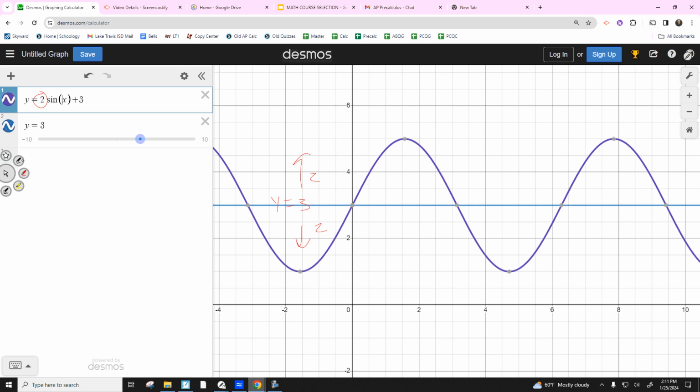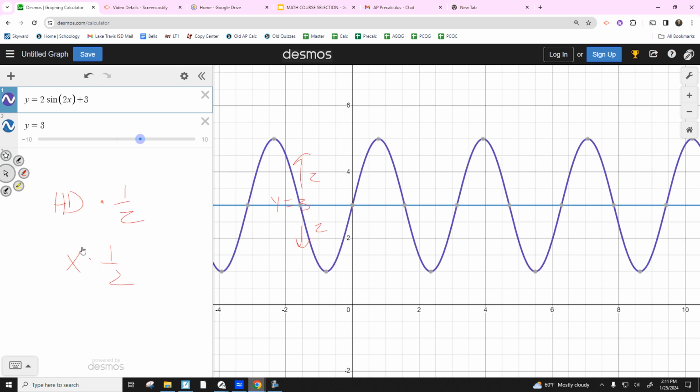If I put a 2 right there, this is going to be a horizontal dilation by a factor of a half. I will take my x's and multiply them by a half. I'll take this x, move it over times a half. I'll take this x, move it over times a half. We will make things go faster.